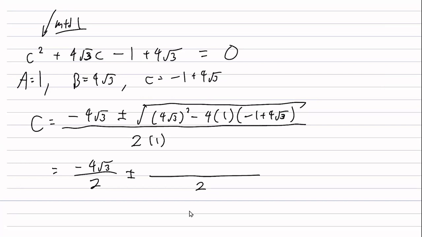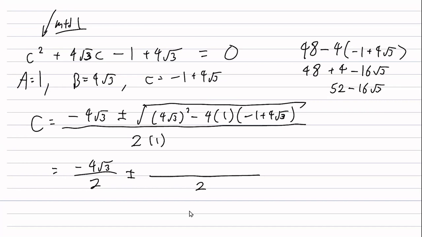Numerator, we try to simplify. 4 root 3 square, you can use a calculator, I get 48. Minus 4 times negative 1 plus 4 root 3, negative times negative gives positive 4, minus 16 root 3. 48 plus 4 is 52 minus 16 root 3. So square root of 52 minus 16 root 3.